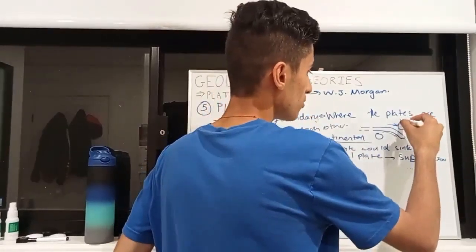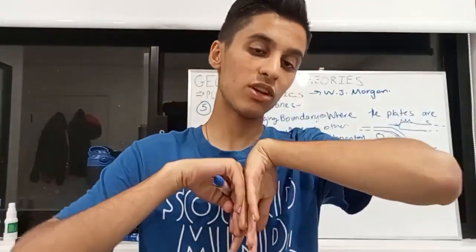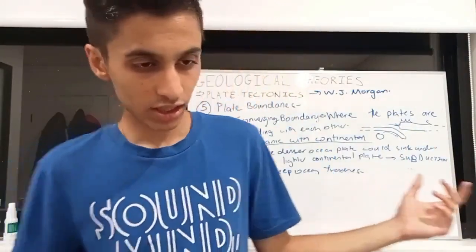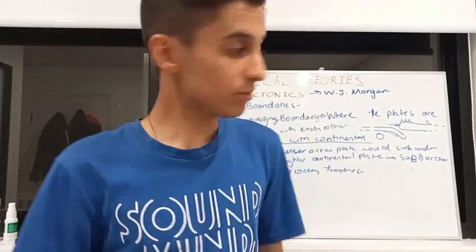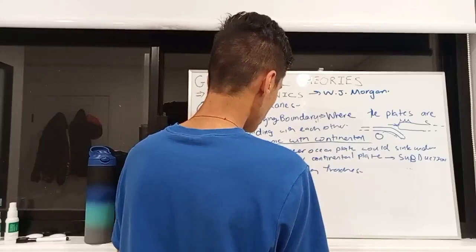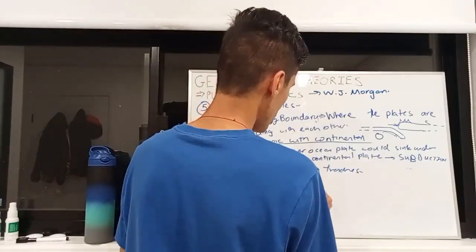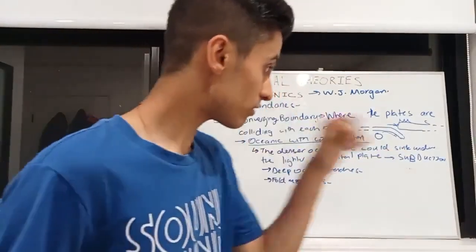This causes the rock to layer on top of each other, which would eventually cause it to rise. This is how fold mountains are formed, because the rock is getting pushed into each other, so the rock essentially just folds.